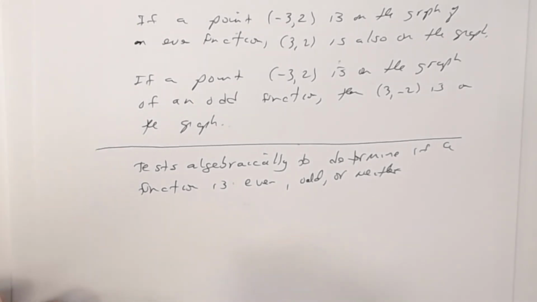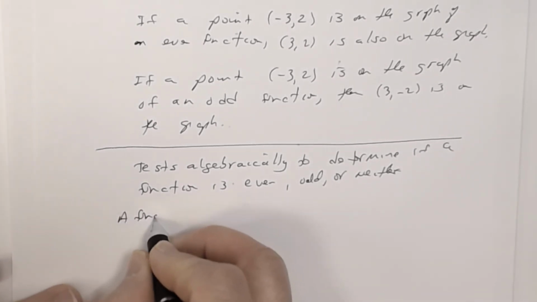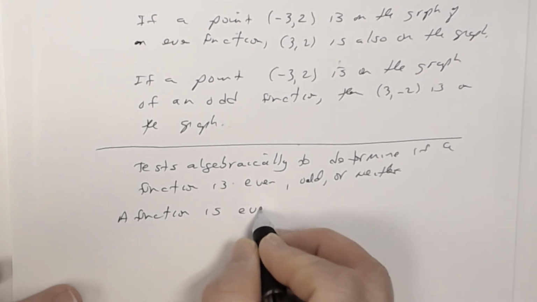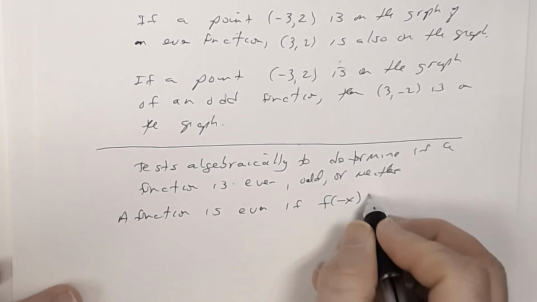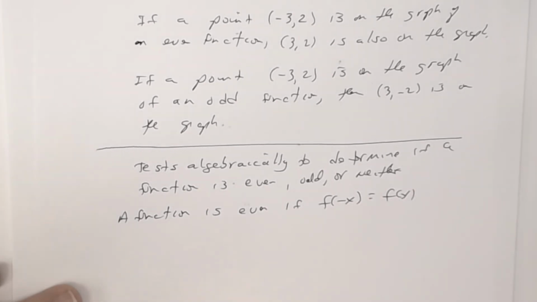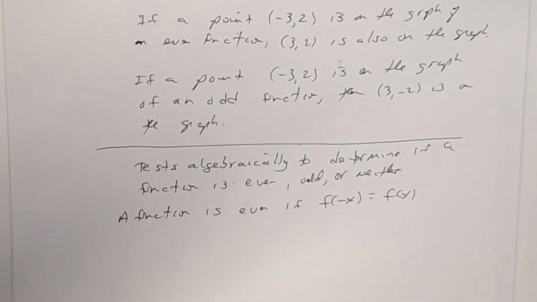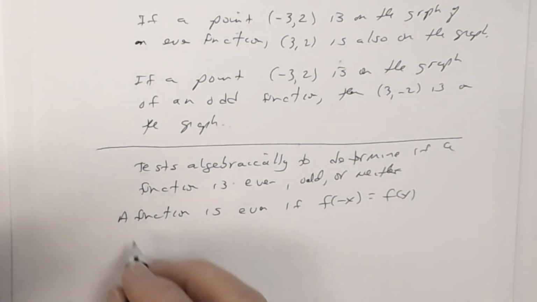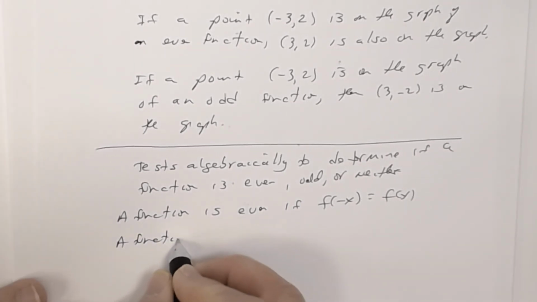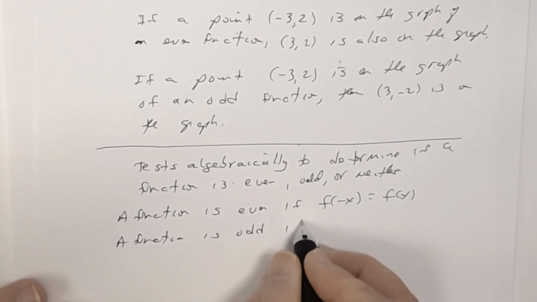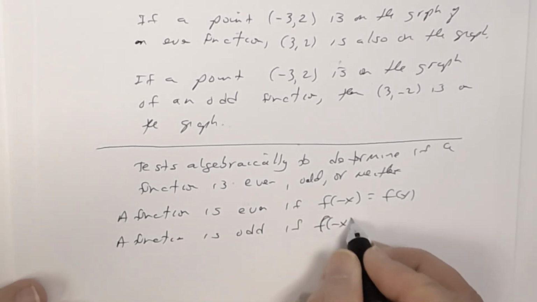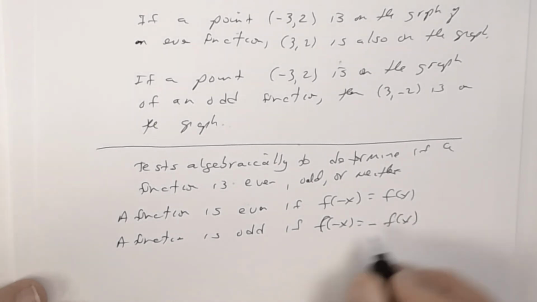We know that a function is even if f of negative x equals f of x. So meaning that the y values are the same. Kind of makes sense. Remember even functions were symmetrical about the y-axis, right? So it made sense to think like that, right? So a function is odd if f of negative x is equal to the opposite of f of x.